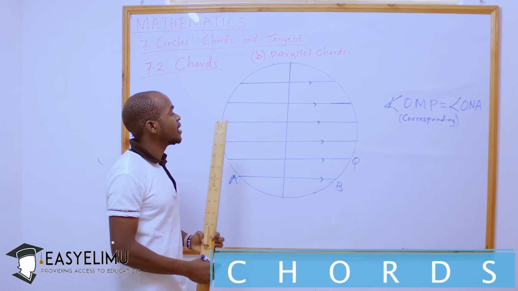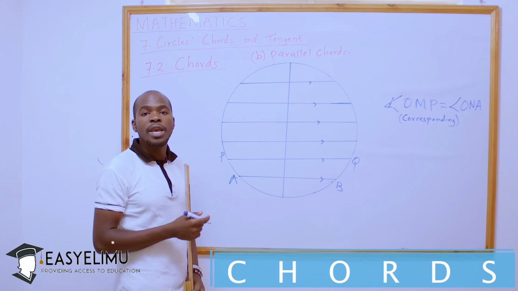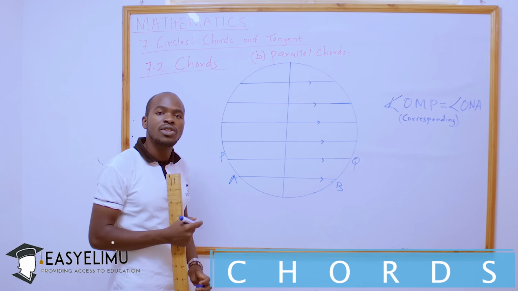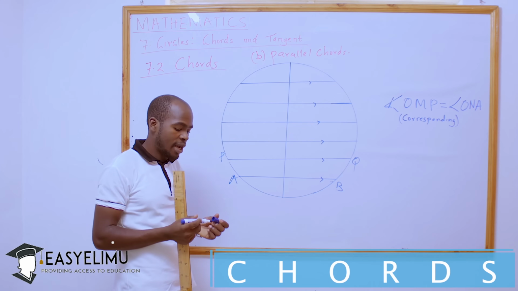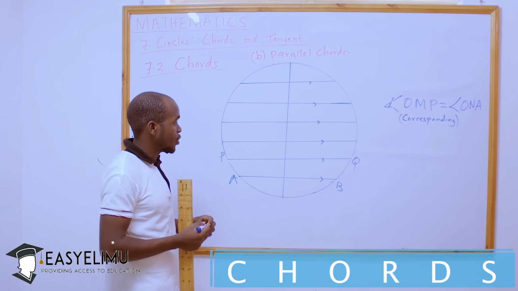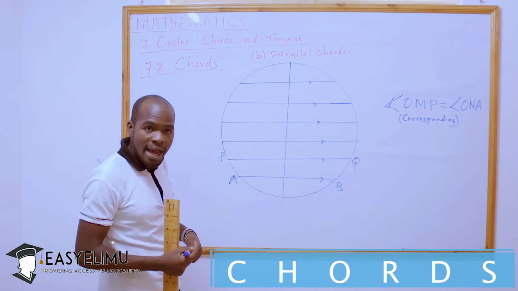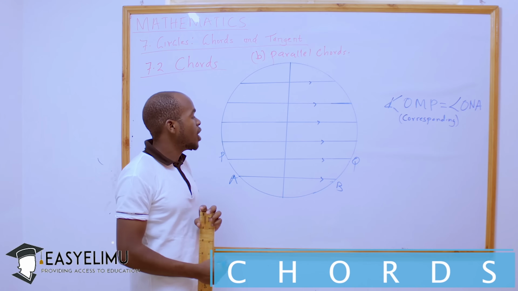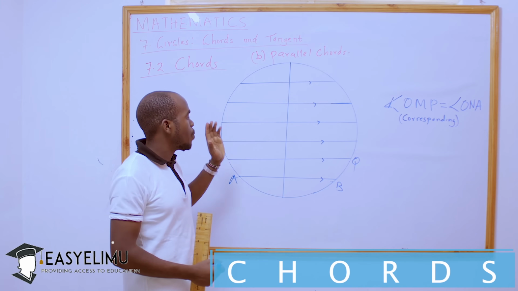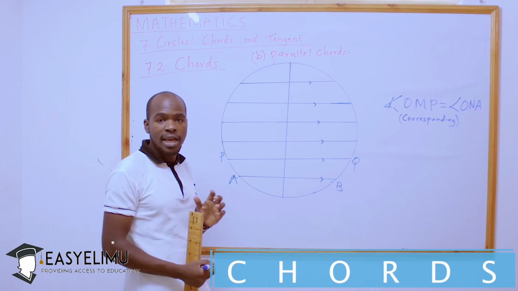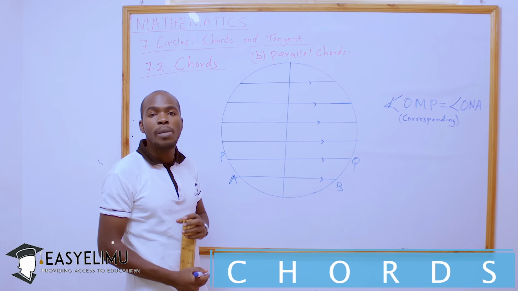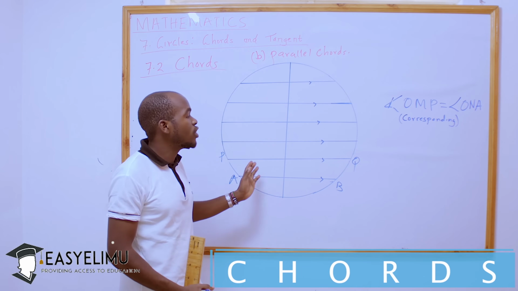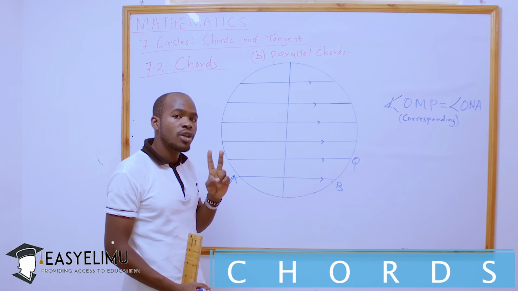That chord is a special chord, and it is what we refer to as the diameter of that circle. So the diameter of a circle is a special chord which, if we have parallel lines running through a circle, will always bisect the chords into two equal parts.